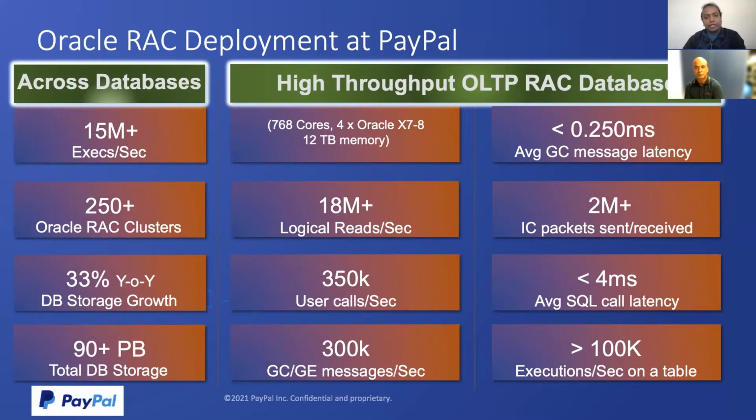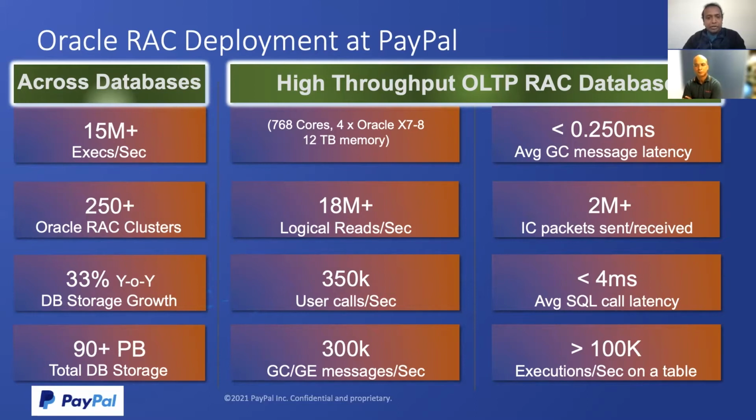As you can see on the right side, this is one of the busiest and biggest systems we have deployed in our infrastructure. It has 4 node X7-8, 8 core. So basically 768 cores and 8 socket machines. This machine at peak sends and receives 2 million plus packets, and it's all being done within a latency of 0.25 milliseconds.